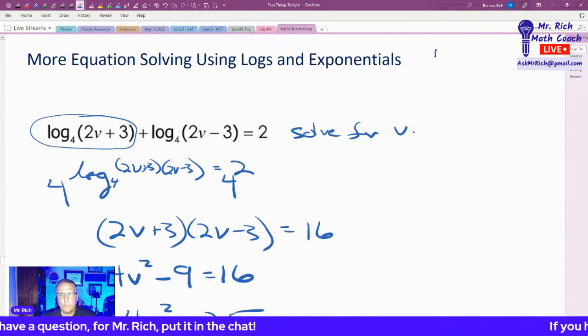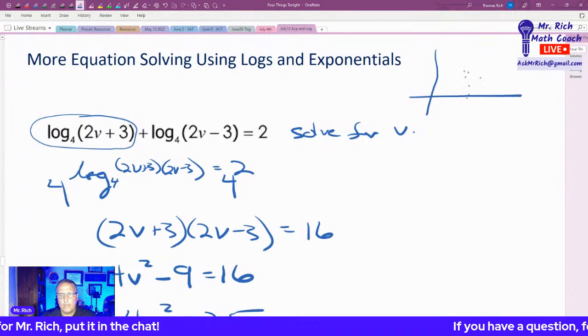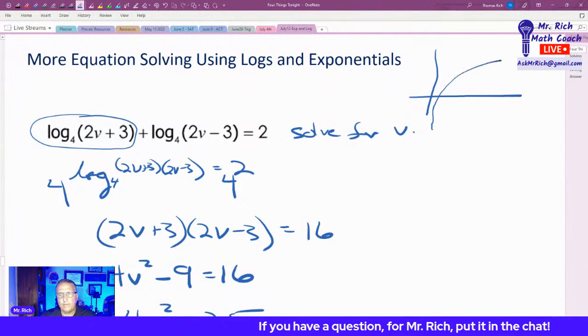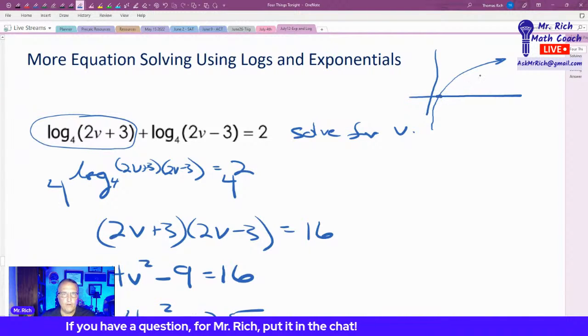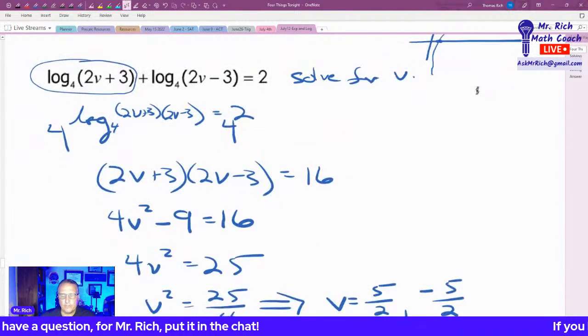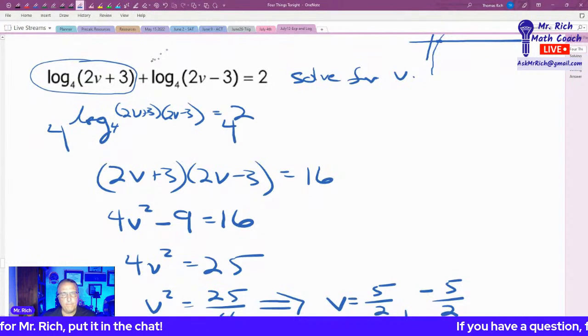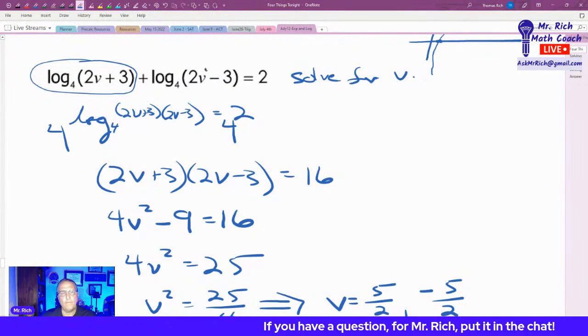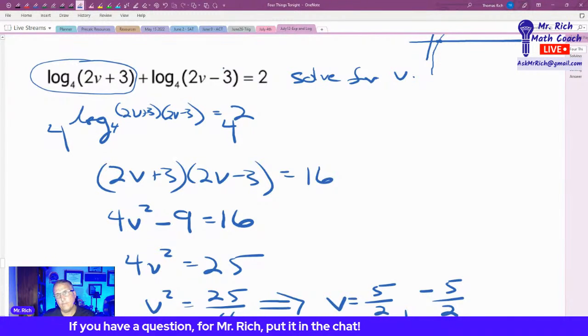A logarithm function has a domain from 0 to infinity, so I can't take logs of negative numbers. Any solution that would give me a negative value in one or both of my logarithms would be one that I have to reject. I would consider it an extraneous solution.